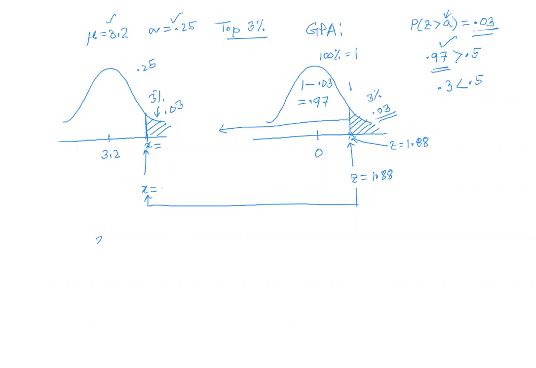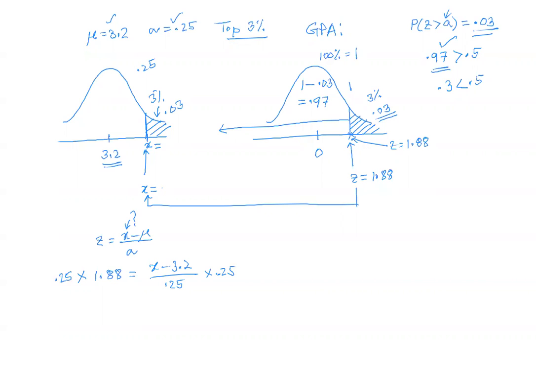So z is equal to x minus mu over sigma. My z is 1.88, right? 1.88 is equal to x, the value I am looking for, minus mu, which is 3.2, divided by sigma, which is 0.25. Now I multiply both sides by 0.25 to simplify this.